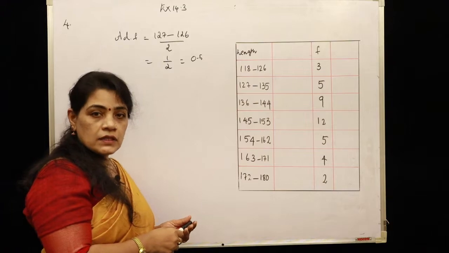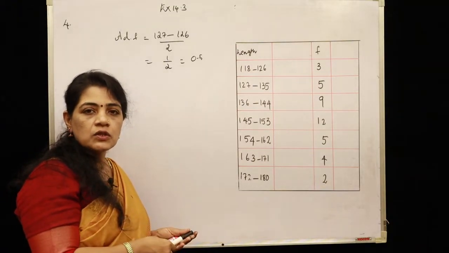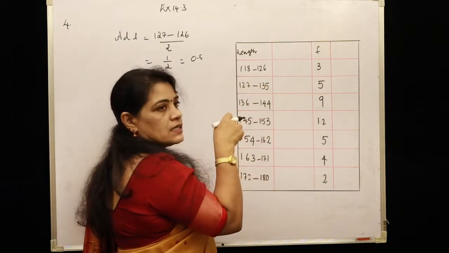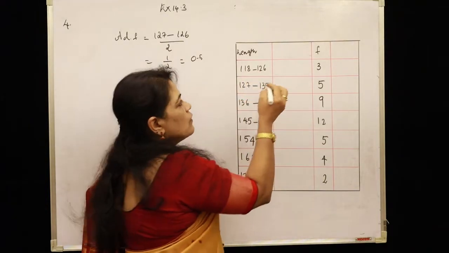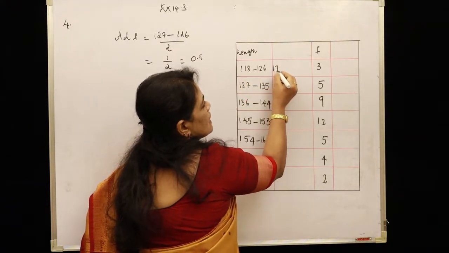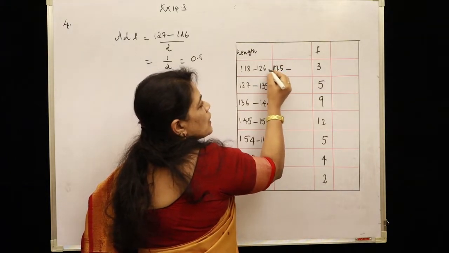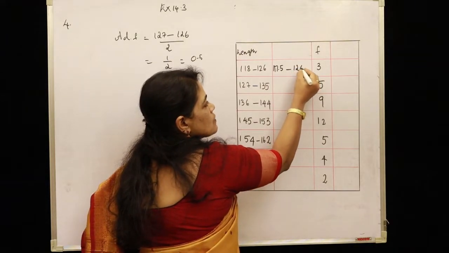Let us see how we can convert this into continuous form. 0.5 should be subtracted, that is 118 minus 0.5 is 117.5, and 0.5 should be added to each upper limit, so 126.5.